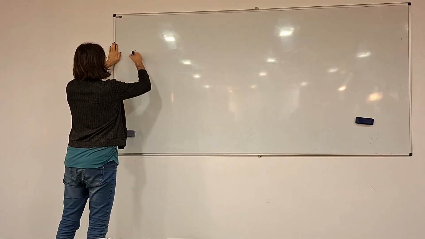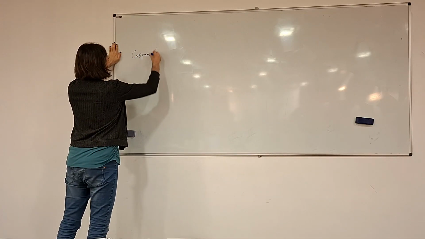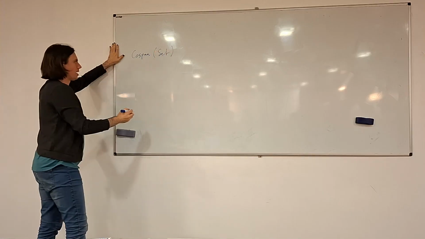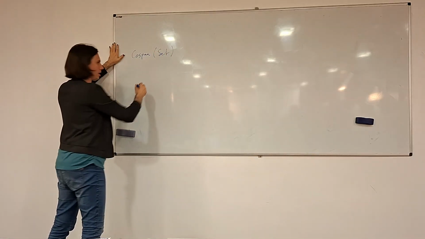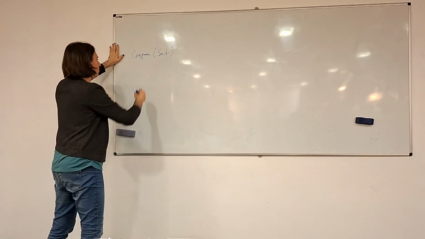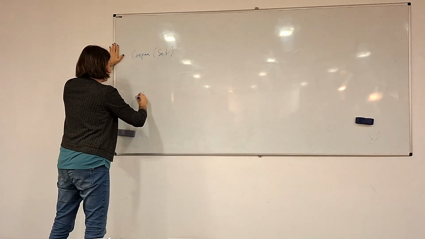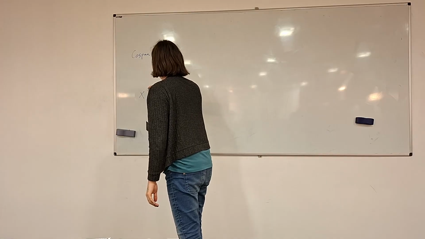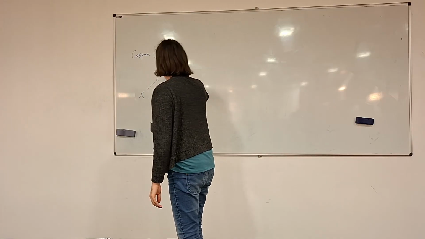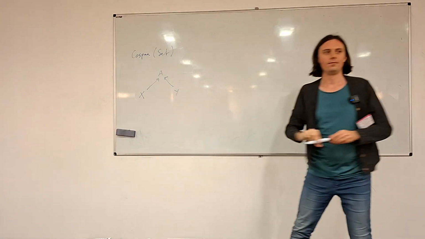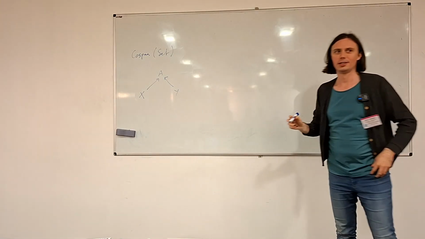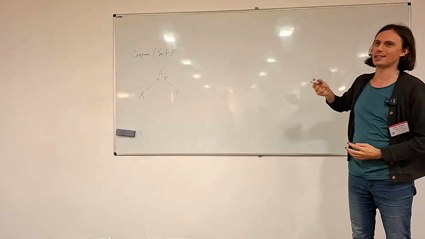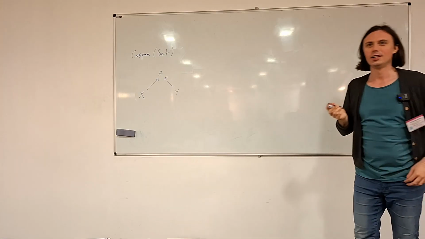So the category of cospans of sets is a category where objects are sets, and a morphism from X to Y is a diagram like this, where now the arrows go this way. So these are in some ways like spans and in some ways totally different.